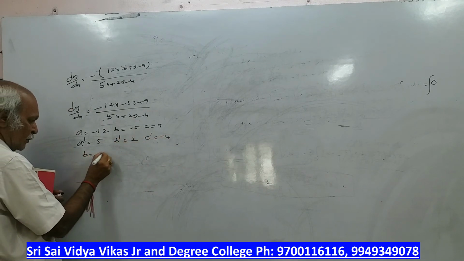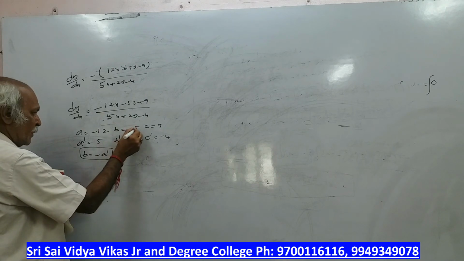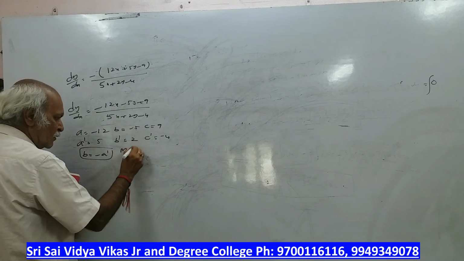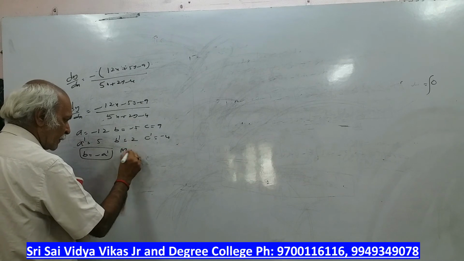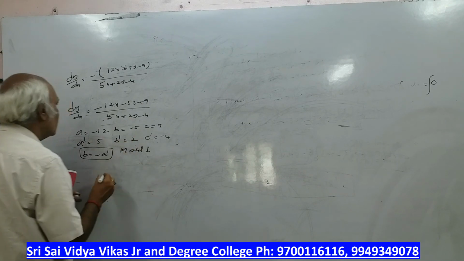Again, b is equal to minus a dash. Minus 5, plus 5. So, model 1. Cross multiply.